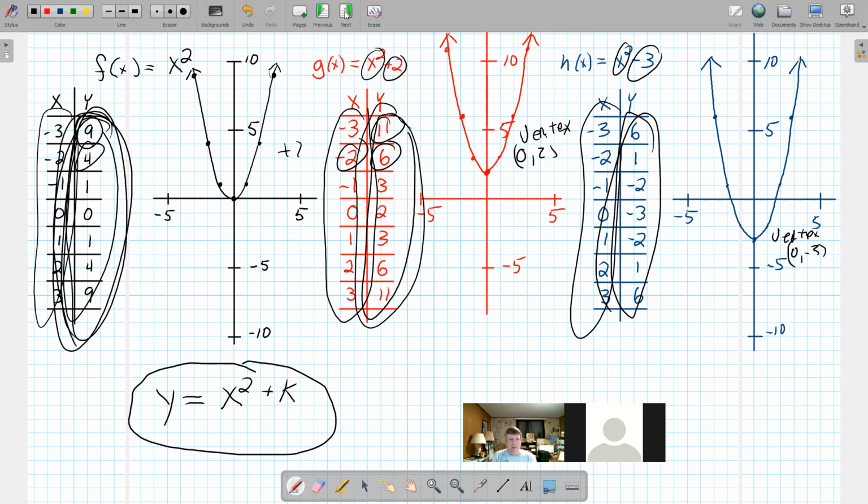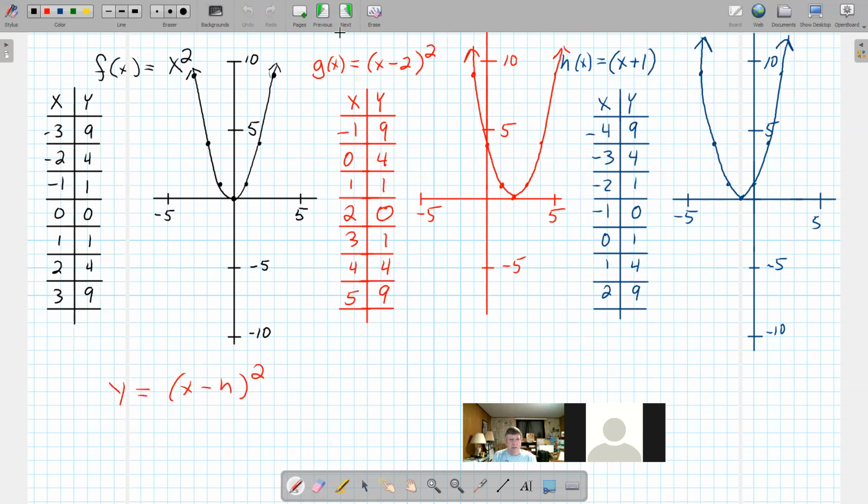All right, now we're going to go inside the square. So we've got f of x equals x squared. Okay, same graph we've started with each time. Now we're going to use the form x minus h, and h is just a letter they use in the formula that we're building here, the quantity squared. Now, in this case, instead of changing the y values, I want to change the x values.